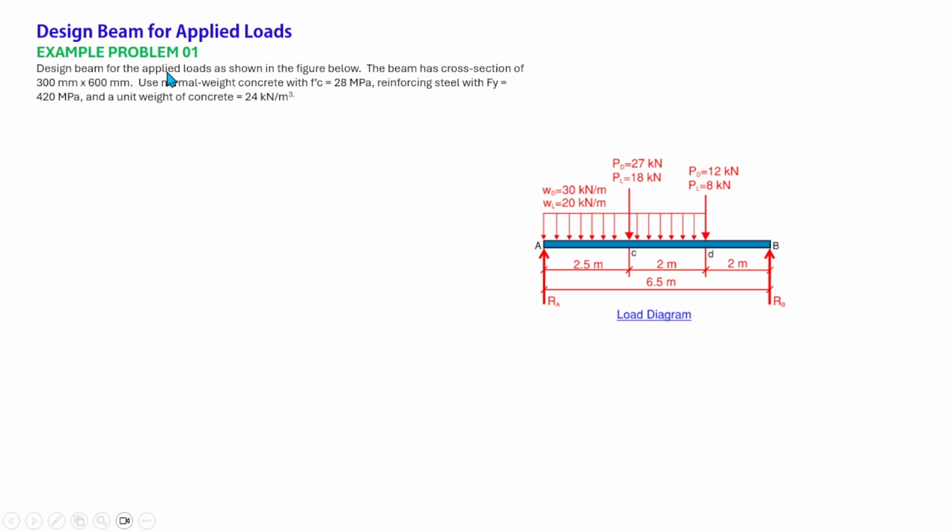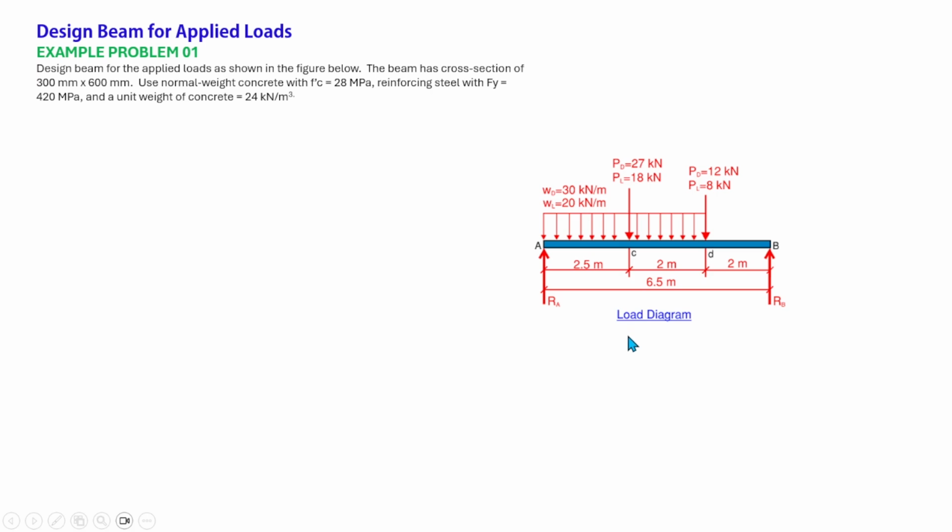Design the beam for the applied loads as shown in the figure below. The beam has a cross-section of 300 by 600 mm using normal weight concrete with a strength f'c equal to 28 megapascal, reinforcing steel of 420 megapascal, and a unit weight of concrete of 24 kilonewton per cubic meter.